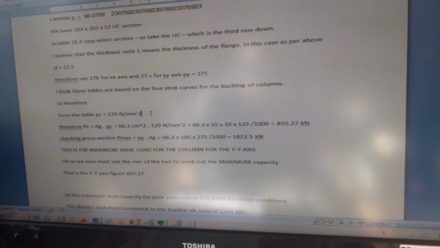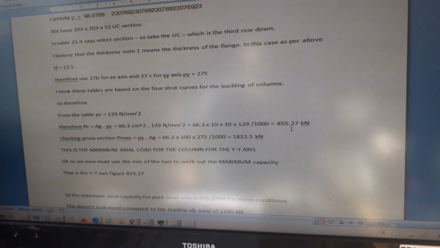PC equals 129. I might have to redo this video, I guess, because of the sunlight, and zoom in a bit on the text because you can't see it that well. But therefore, Pc equals Ag times pc, 66.3 centimeters squared times 129 newtons per millimeter squared. That's 66.3 times 10 times 10 times 129 divided by 1,000.